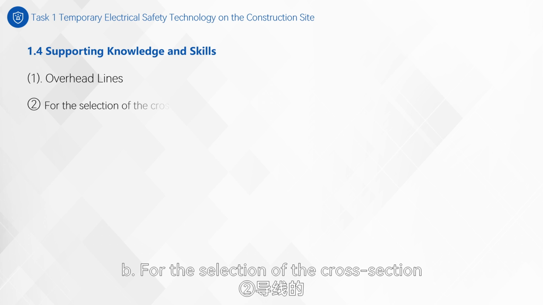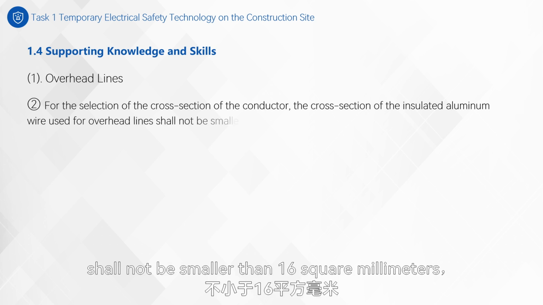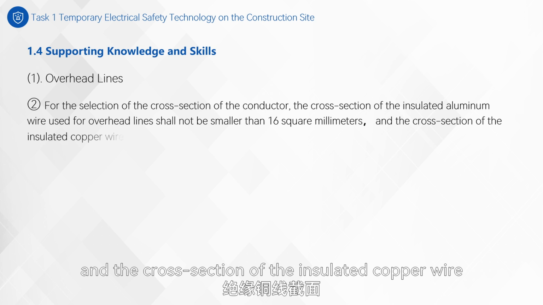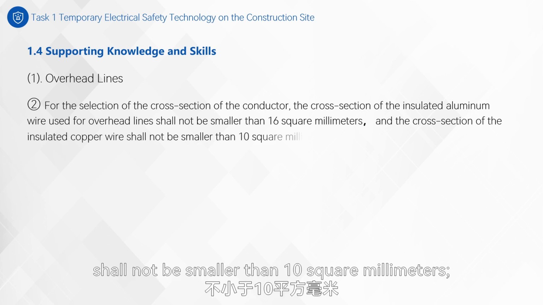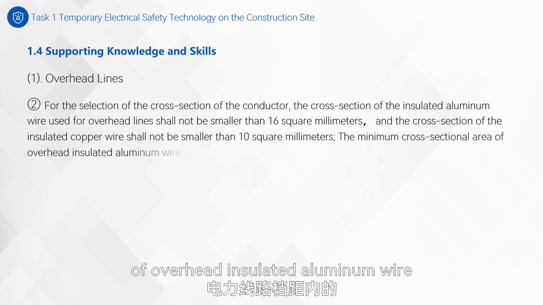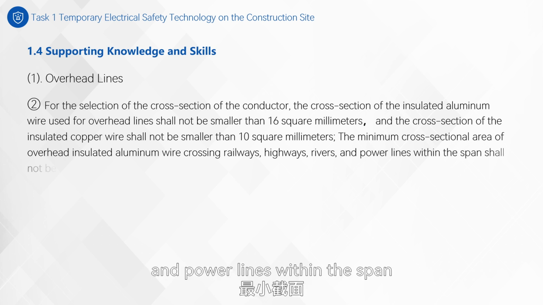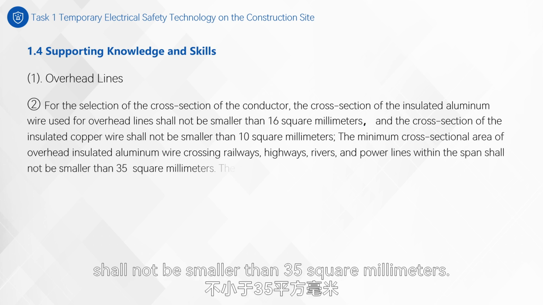For the selection of the cross-section of the conductor, the cross-section of the insulated aluminum wire used for overhead lines shall not be smaller than 16 square millimeters, and the cross-section of the insulated copper wire shall not be smaller than 10 square millimeters. The minimum cross-sectional area of overhead insulated aluminum wire crossing railways, highways, rivers, and power lines within the span shall not be smaller than 35 square millimeters.